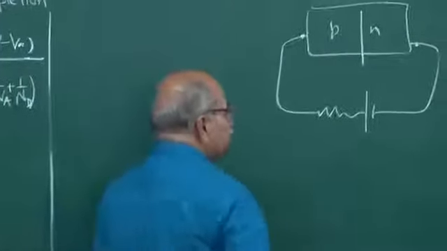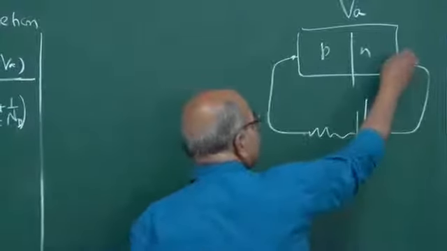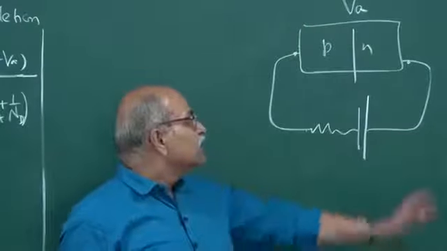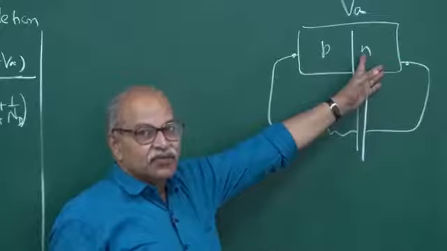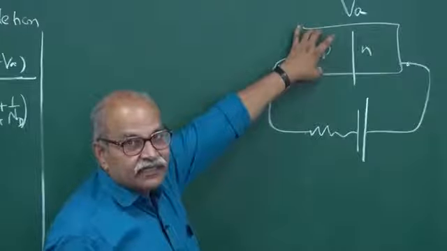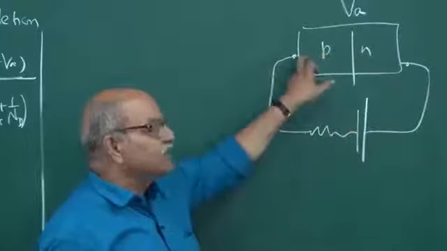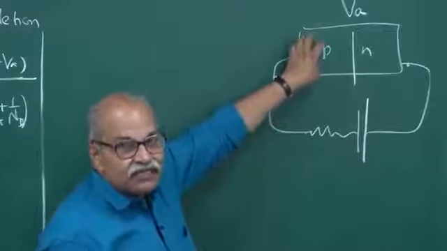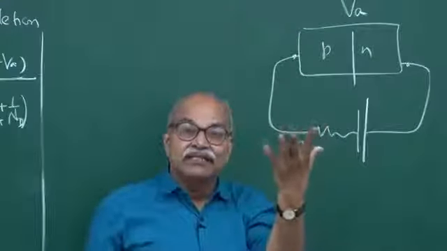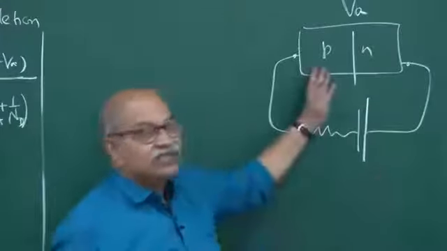If you connect it with opposite polarity, so that this side is at a higher potential, this side is at a lower potential, with respect to this side, you are reducing the potential of this side. If I take this as the reference, then by connecting this negative here, you are reducing the potential of this side, and therefore you are increasing the potential energy, or increasing the energy of all those quantum states which are there on this p side.